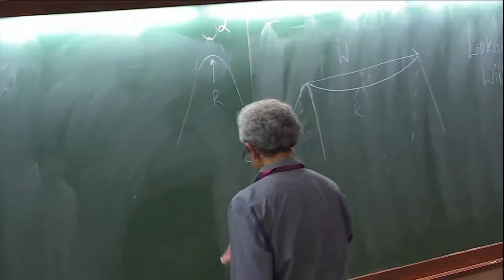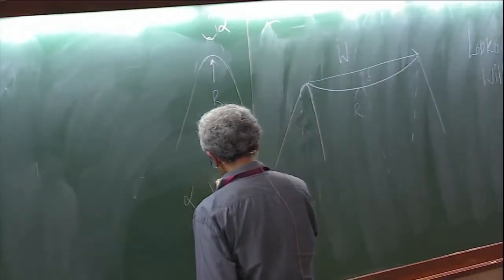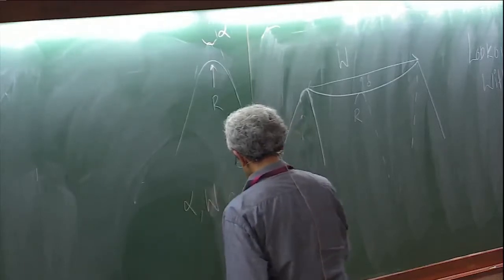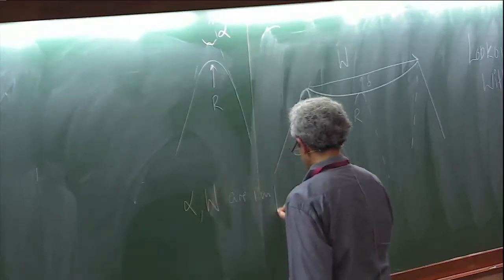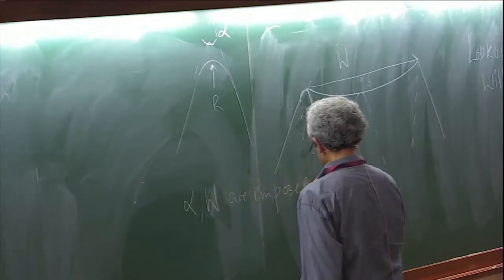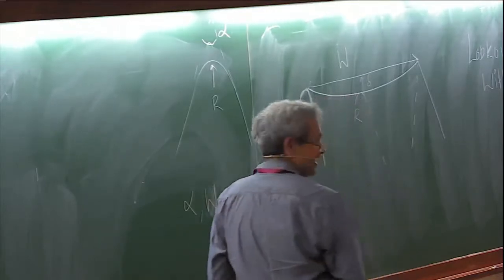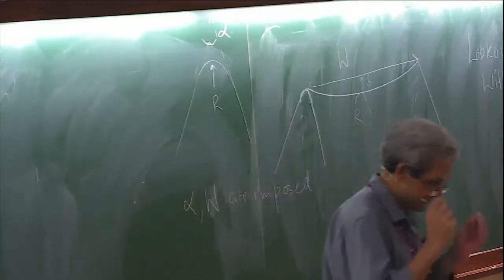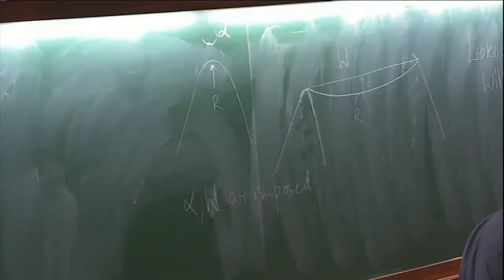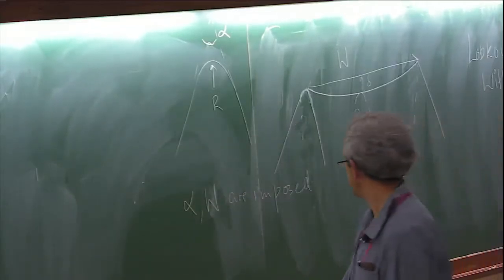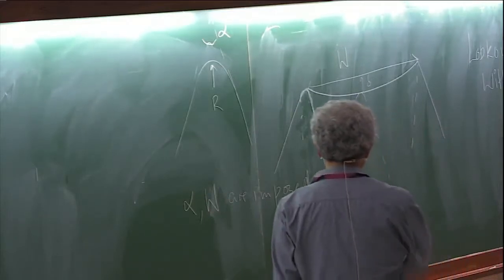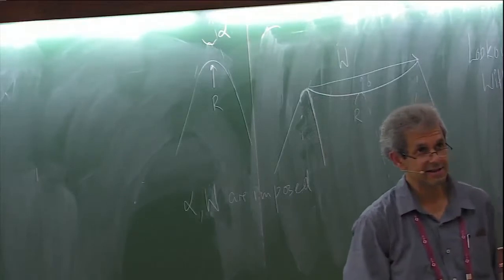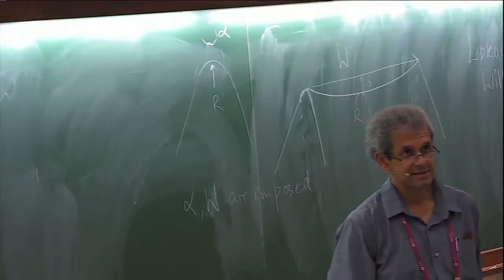So in this picture, alpha and W are imposed, and R and delta develop themselves. So the first thing to realize is, if this thing sags, there's a strain along the ridge.